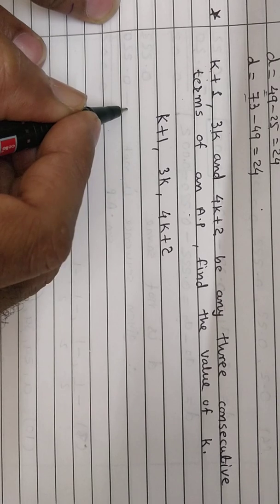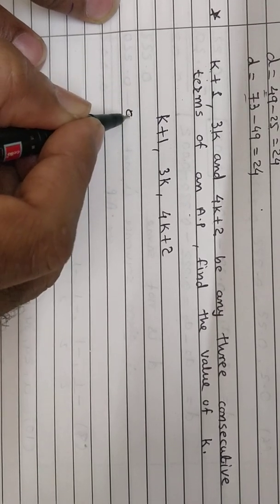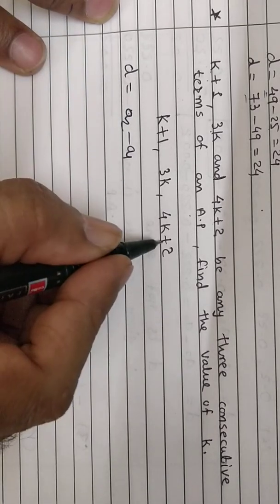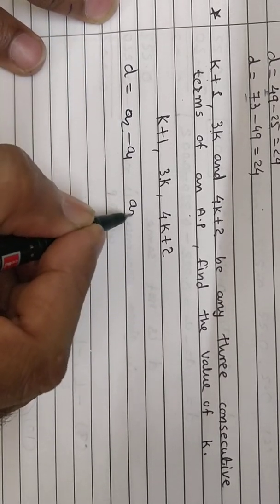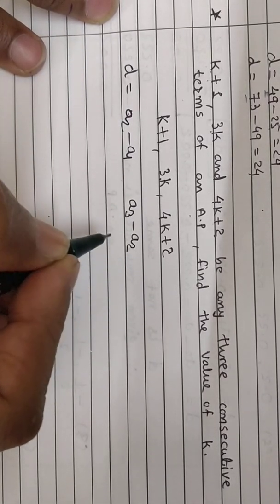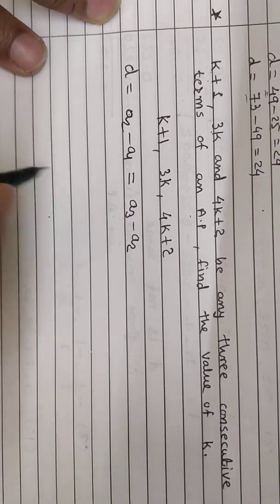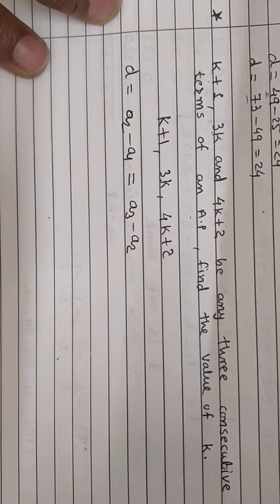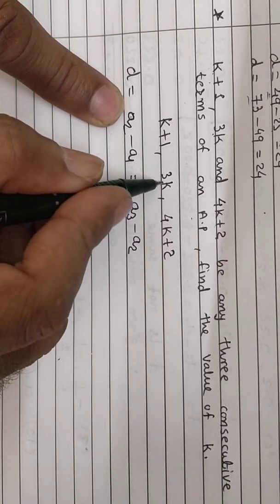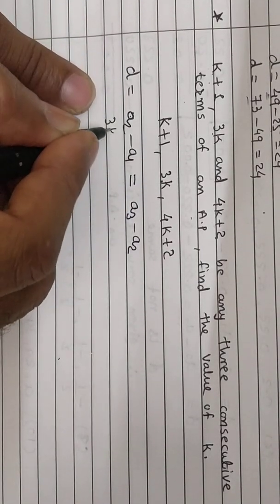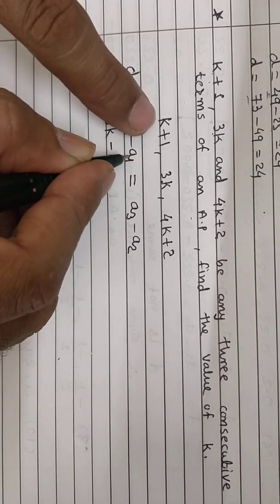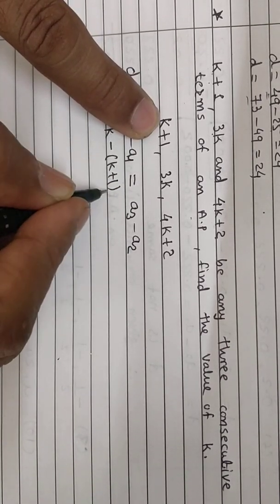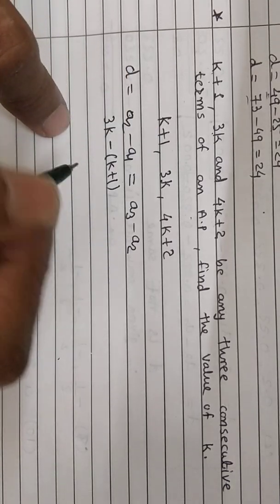So for that, I will take A2 minus A1, that is your D, and A3 minus A2, it's also a D. So here difference is same because it is an AP. A2 is second term, 3K, minus A1 is first term, K plus 1. Bracket must be there because there are 2 terms.